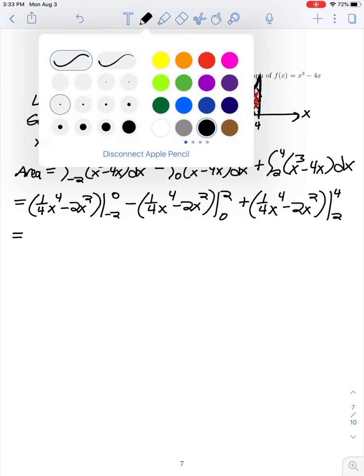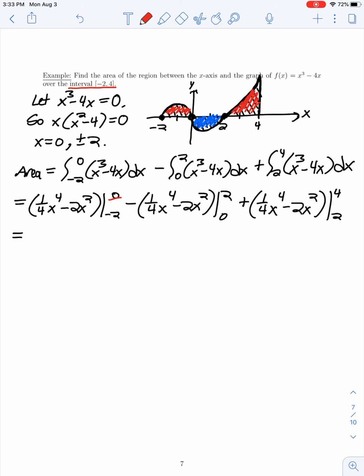So let's see what we get. For our first integral, when we substitute 0 in for x, we have 0. And then we're subtracting what we get when we substitute the lower limit, -2, in place of x. So -2 to the 4th would be 16, divided by 4 is 4, minus 2 times -2 squared would be an 8.